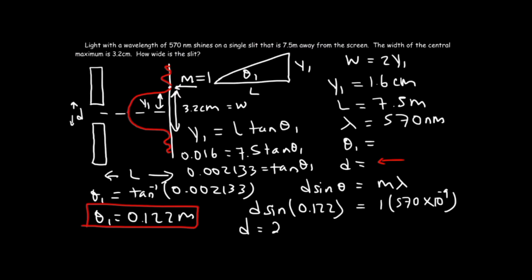So D is 2.68 times 10 raised to negative 4 meters, or in millimeters, 0.268.